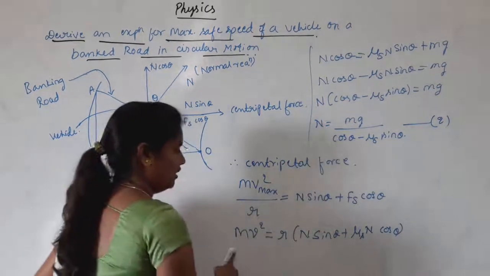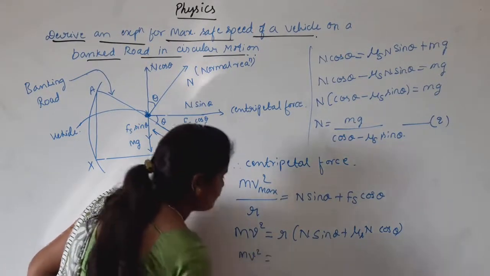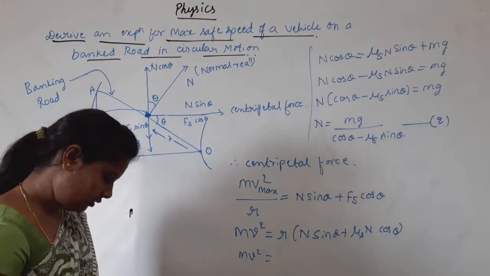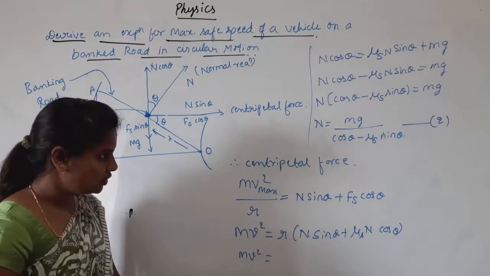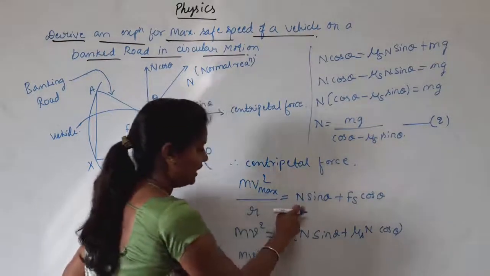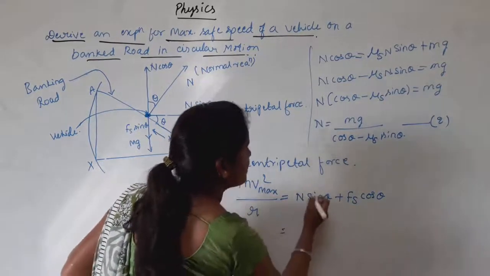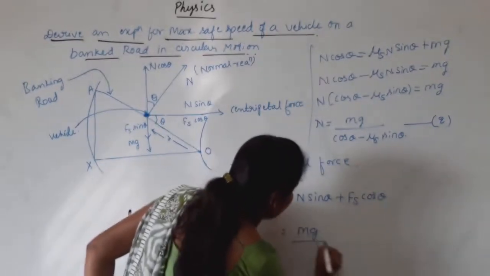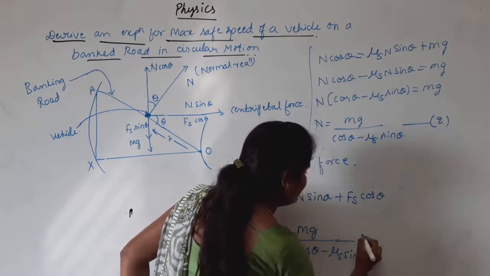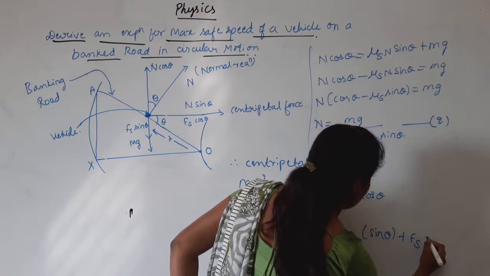Substituting the value of n, n means mg divided by cos theta minus mu s sin theta, into sin theta plus mu s cos theta.